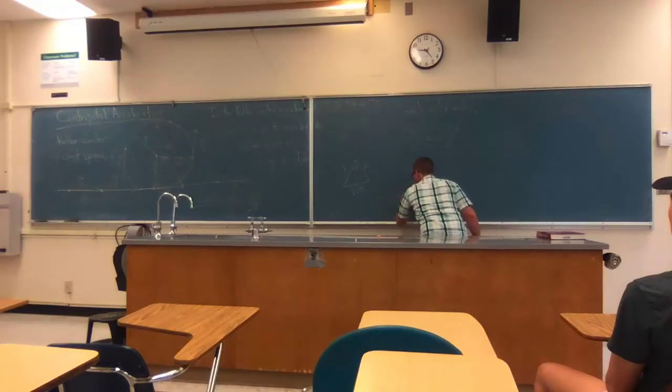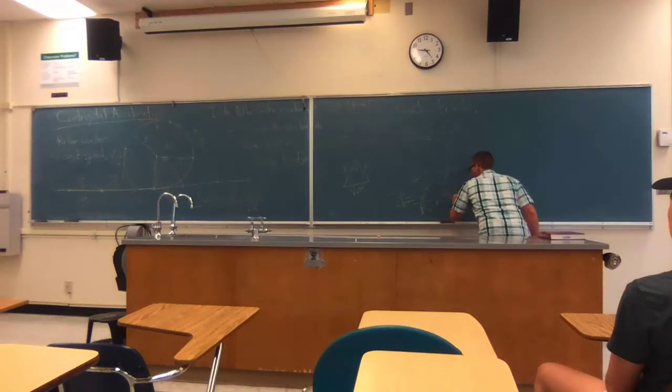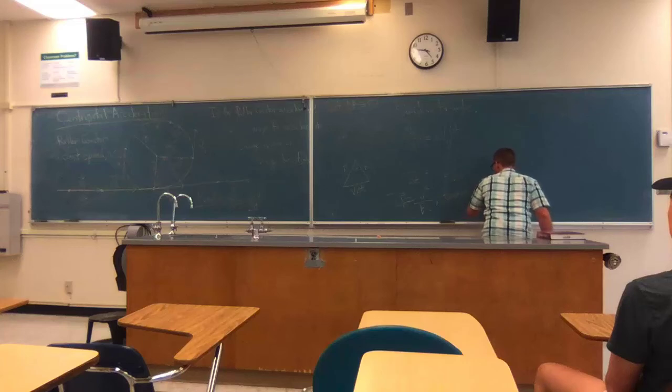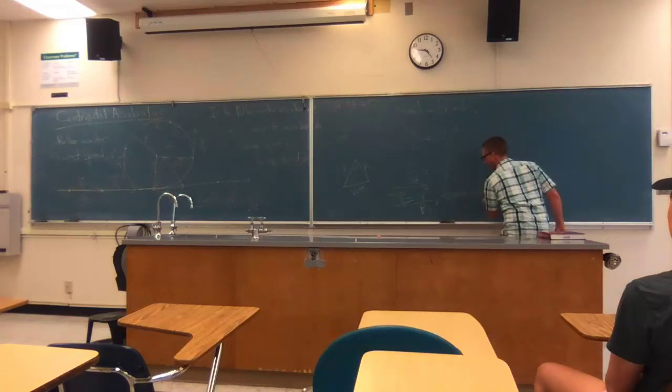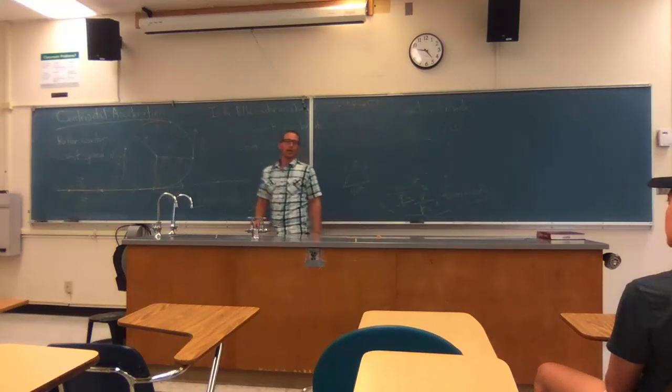So the centripetal acceleration equals V squared divided by R, and the direction is toward center. Okay, so this is the result that we're going to use.